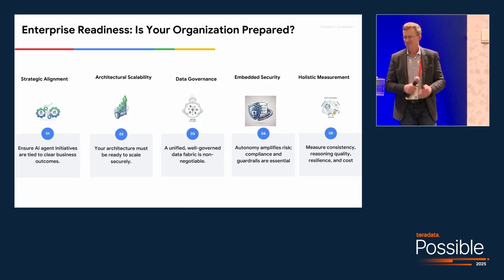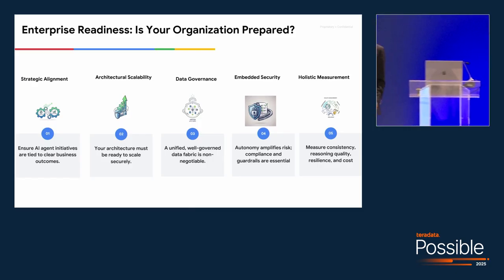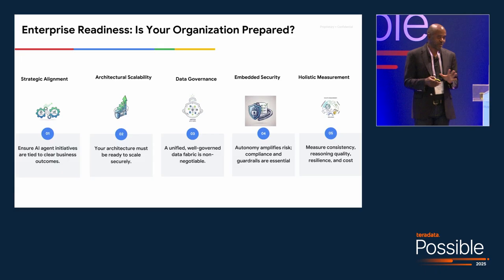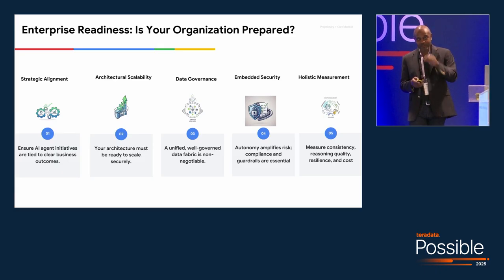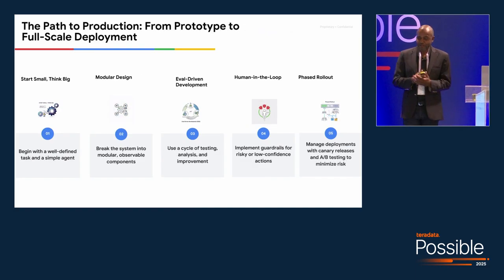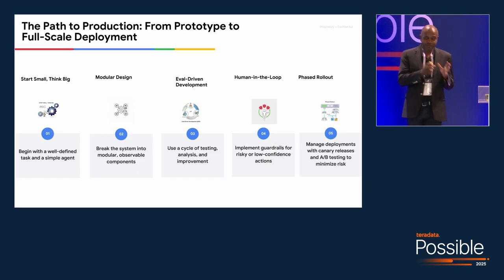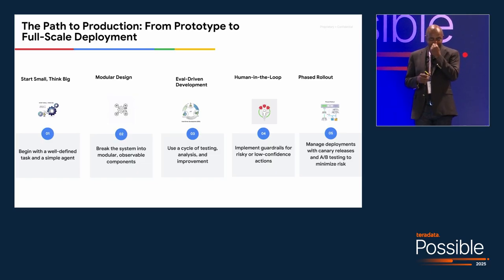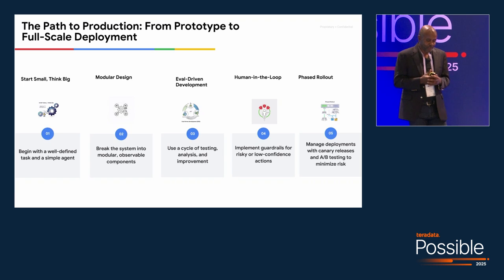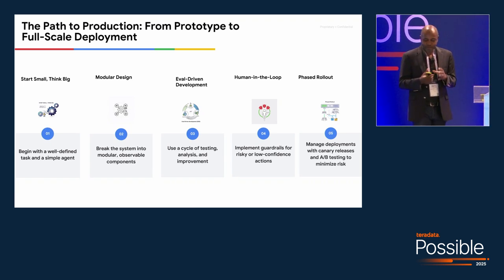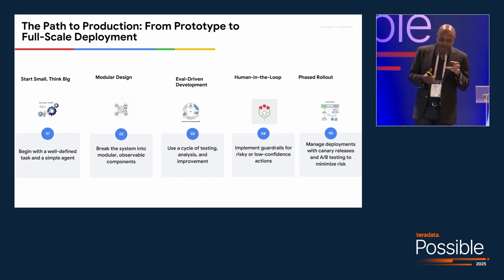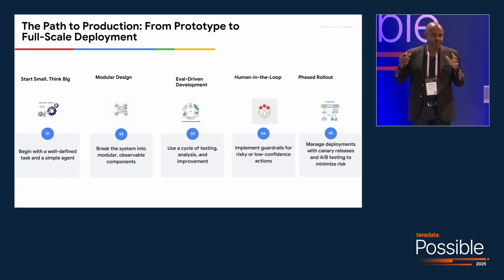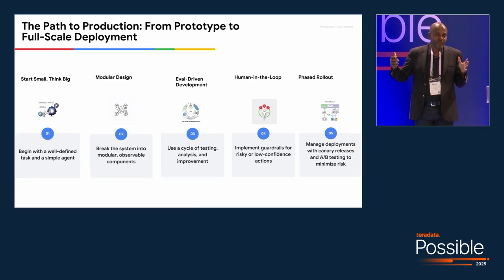Oh yeah, definitely. And clearly, when your solution is ready, when you have checked all the boxes, now you need to work from prototype to full-scale production, right? So we like to say, start small, but think big. That is very important, because if you bring too many things from the beginning, you may be overwhelmed.